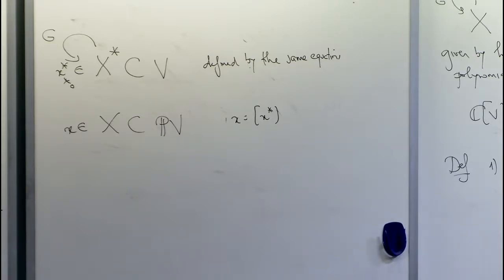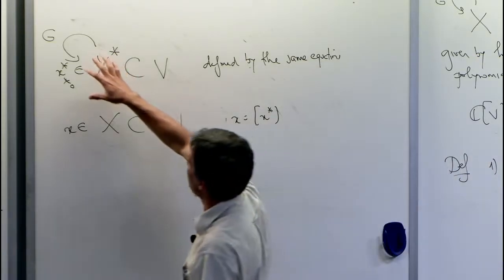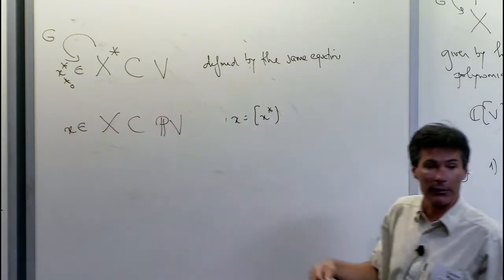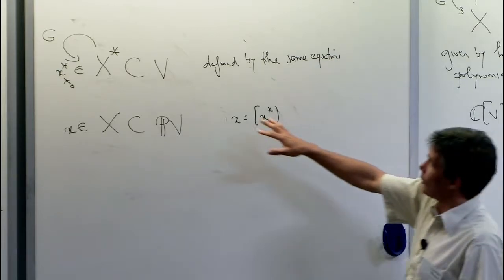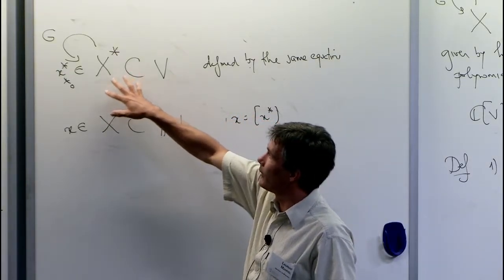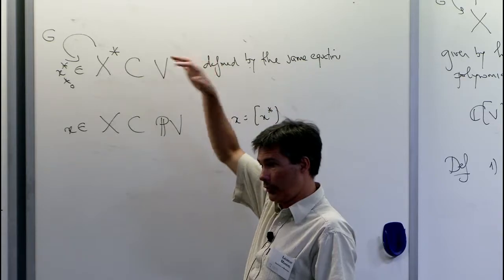And there is an interplay between the action of G on X star and the action of G on X. So here I should have written P of X star, to really make sense. And so I'm reduced to the previous situation when I look at an affine variety and a set of invariant polynomials on this variety.